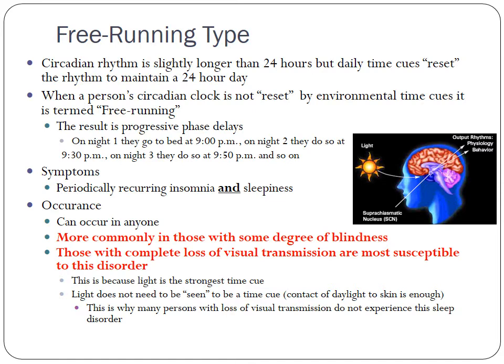However, for some people who are blind or have difficulty with visual impairment, they may be more susceptible to this type of sleep disorder. It's kind of confusing, but let's go on to our next slide.